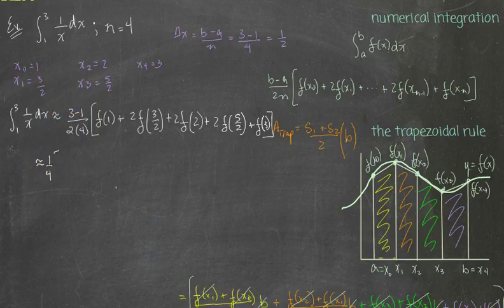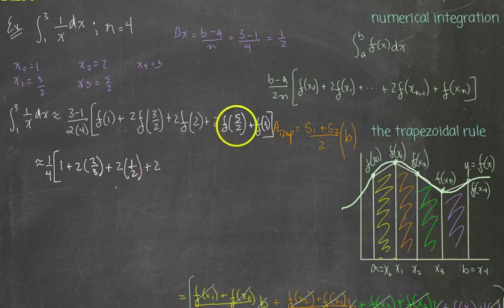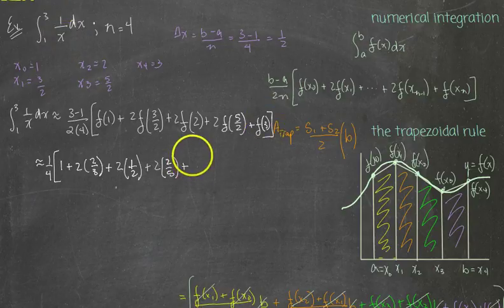So I have 1/4 times, well, 1 over 1 is just 1, plus 2 times 3/2. 1 over 3/2 is just the reciprocal, 2/3, plus 2 times, again, the reciprocal, or 2. 1 over 2 is 1/2, plus 2 times the reciprocal, 2/5, plus 1 over 3 is 1/3.